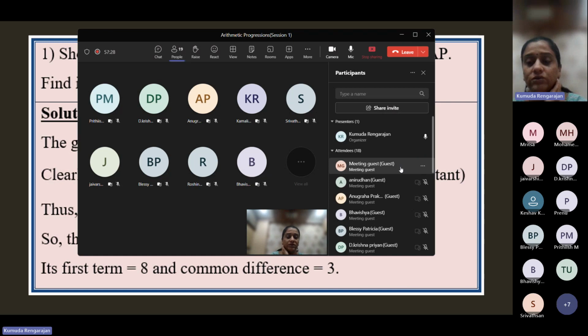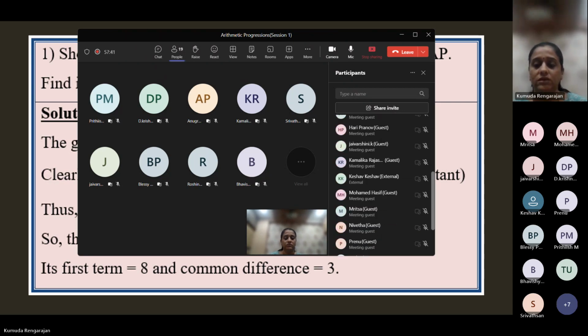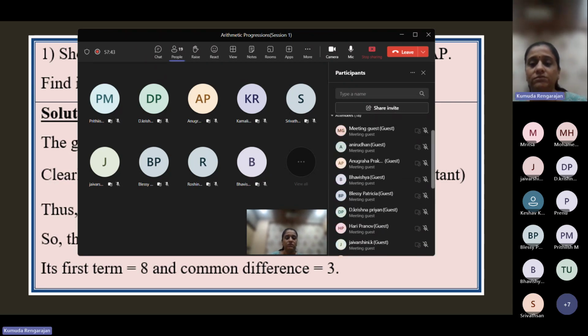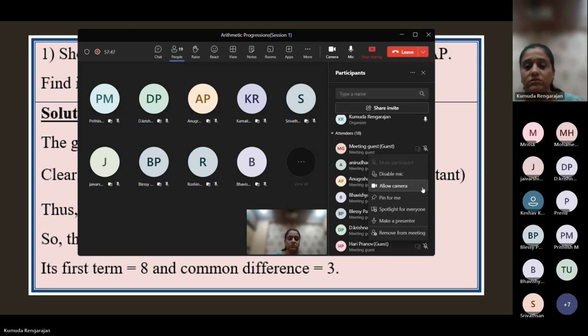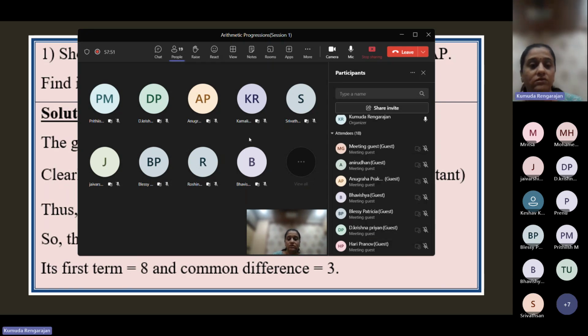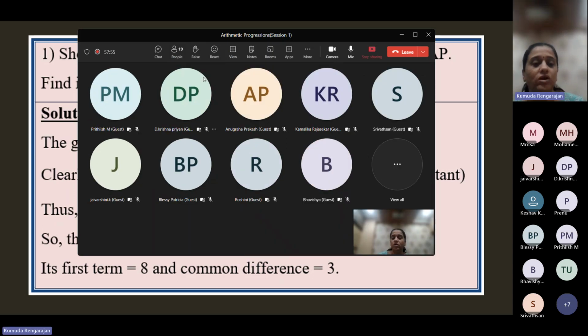I can see somebody here with no name, meeting guest. Please say hi and tell who this is. Somebody has not named yourself in the meeting, so you know it.